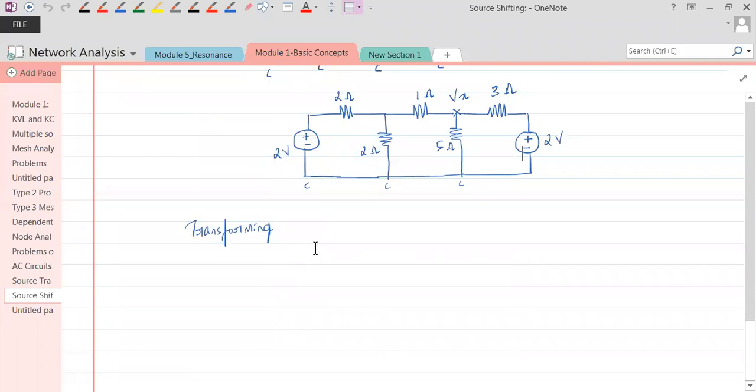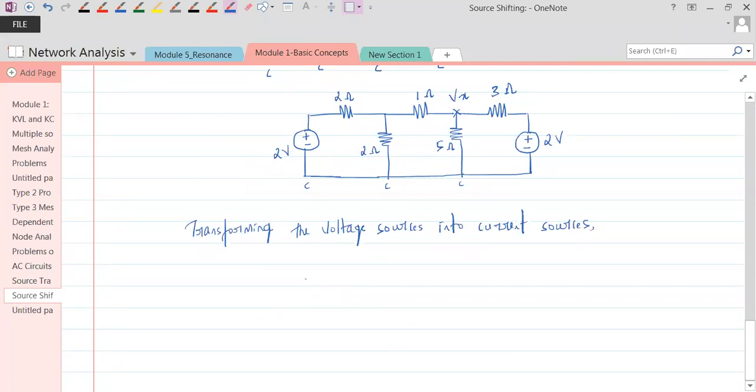Okay, transforming the voltage sources into current sources. What happens? Everybody look at this.